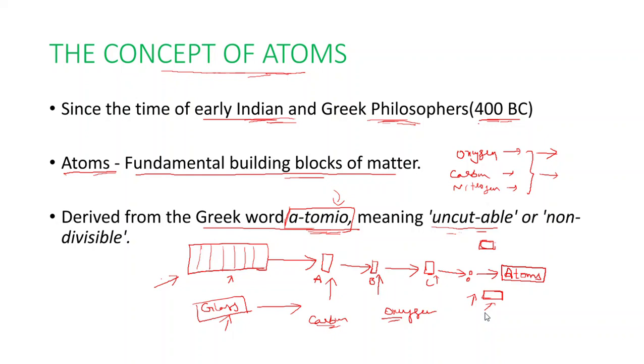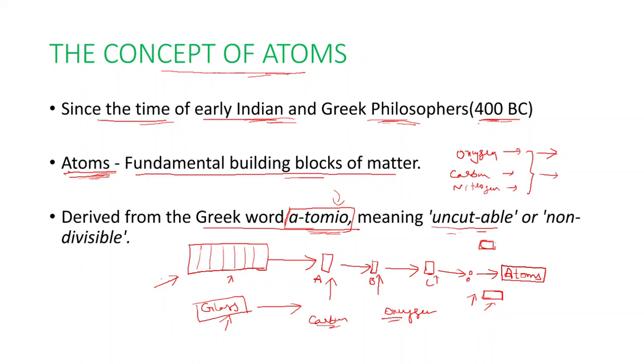They did not know about electrons, protons, or neutrons. What they knew at the time was only atoms. Alright? So to sum up, the concept of atoms has been in existence since Indian and Greek philosophers, that is 400 BC.